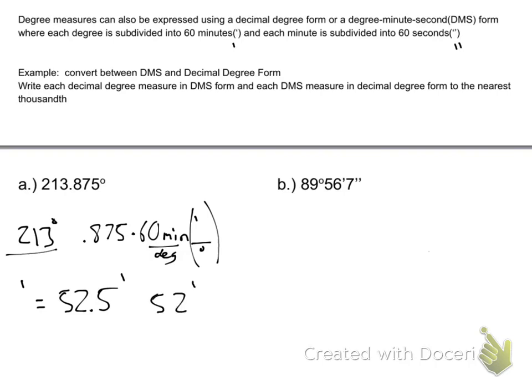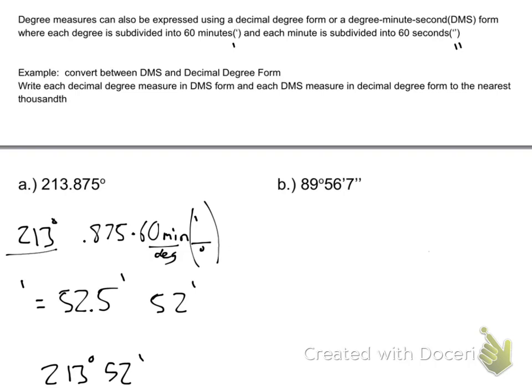So right now, we have a number of 213 degrees, 52 minutes. How do you think I get the seconds? Oh, because that's the 0.5, it's going to be 30 seconds. There we go. Now I have to convert it down to seconds.